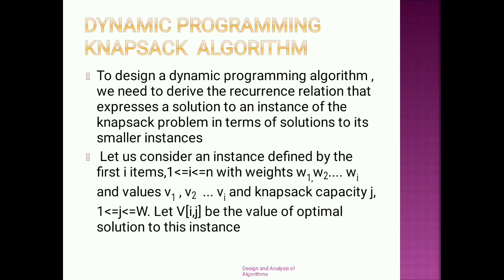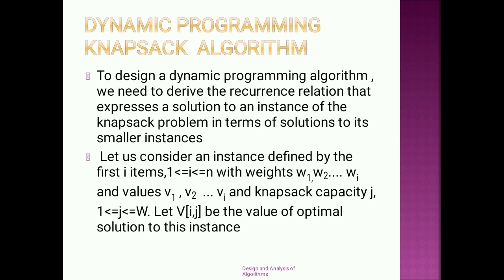Two more variables we are using: one is I and one more is J. I is used to represent the index of the items, and J is to represent the different weights. Here we are dealing with sub-instances of the problem. If the maximum capacity is 5, we don't directly find the solution when the knapsack capacity is 5.